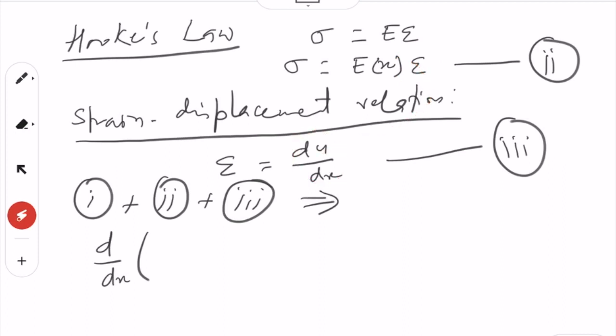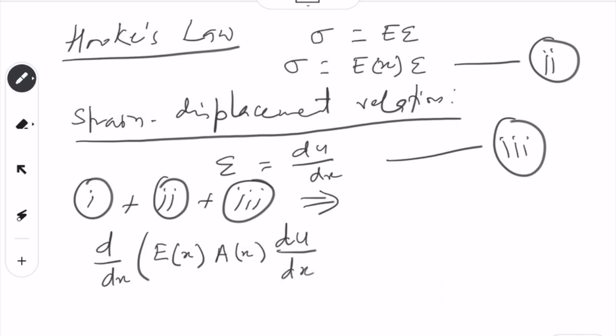If you combine them together, what we get is simply E(x) times A(x) times du over dx, plus B(x) equal to 0.